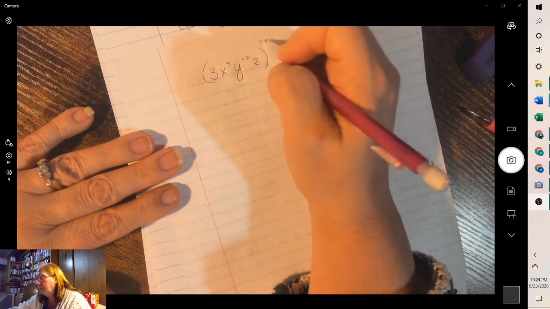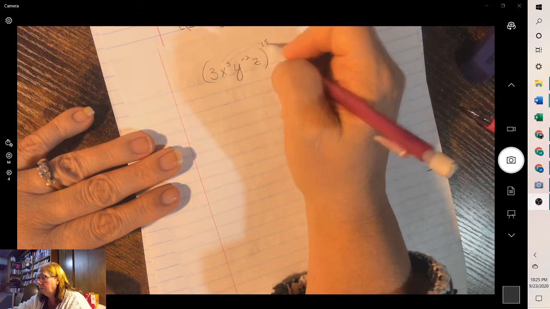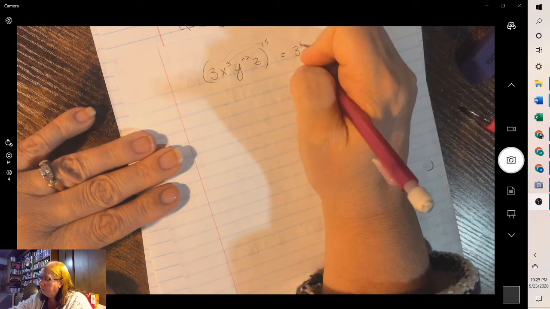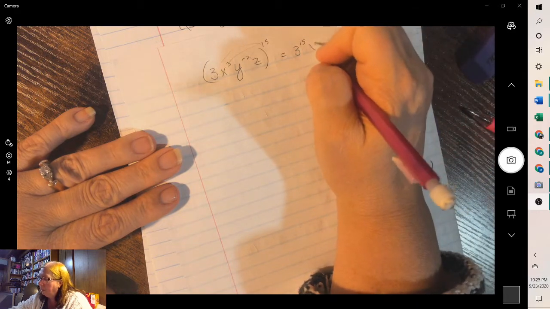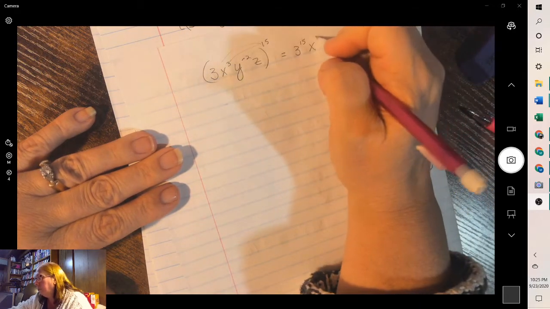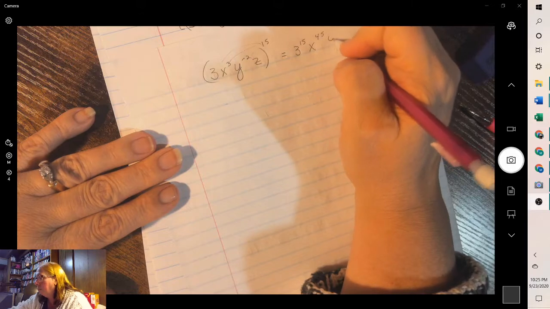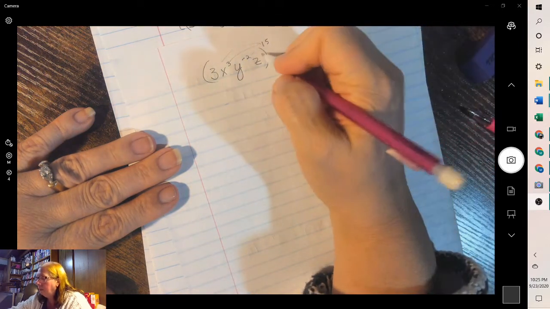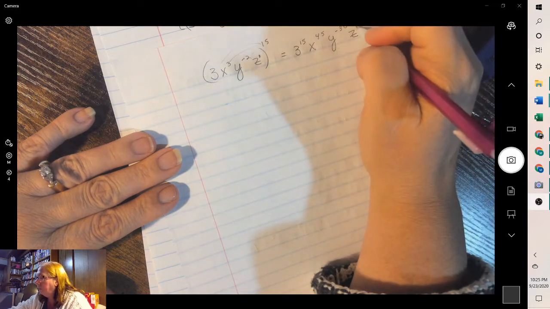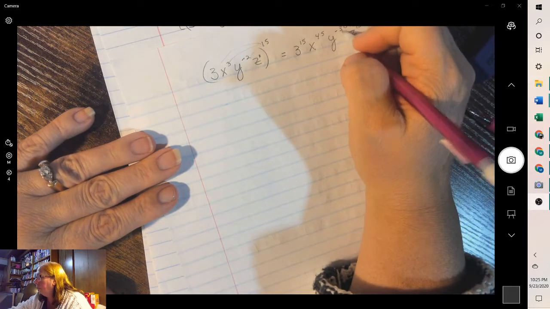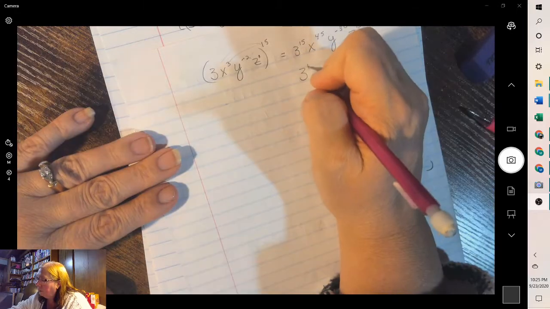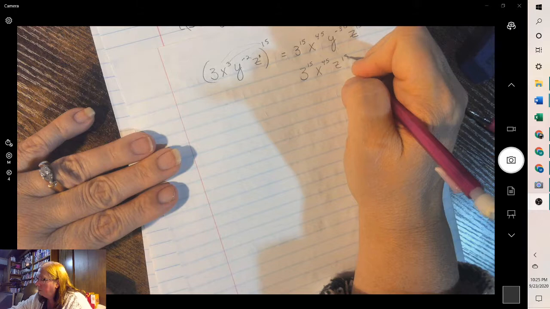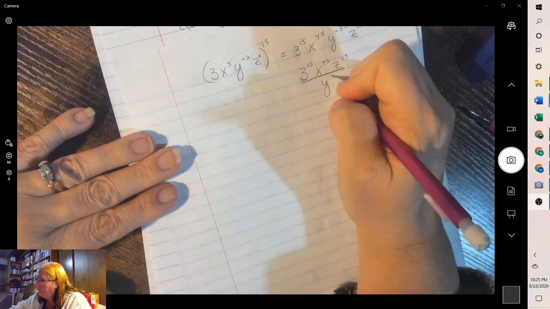Then this is all multiplication. We can multiply it out. So we have 3 to the 15th, x to the 3 times 15 or 45, y to the negative 30, and z, so 1 times 15 is 15. This is negative, so we need to move it to the denominator and make it positive.